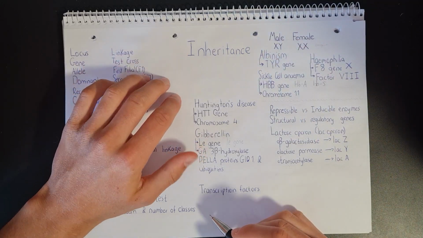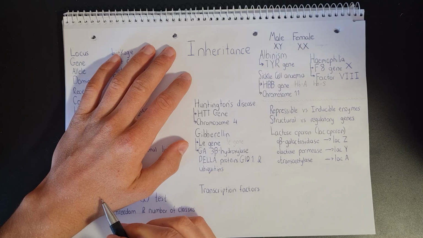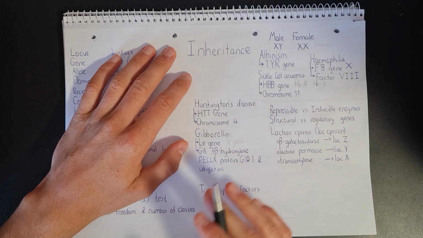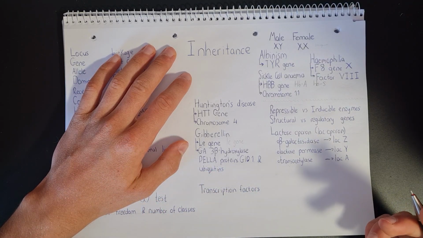Now, in higher eukaryotic cells, the number of transcription factor molecules required is very specific. So any missing transcription factor will result in the RNA polymerase actually not being able to bind to begin transcription.